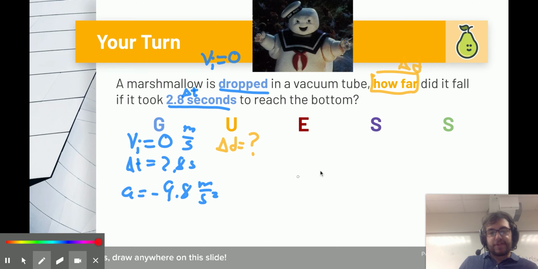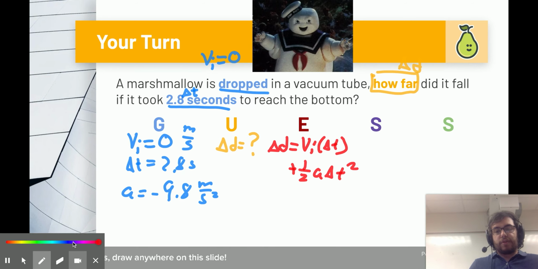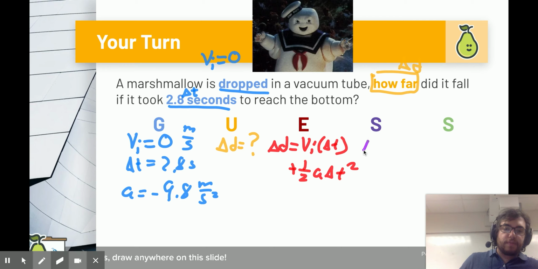All right, my equation that has these four, which is the only one without final velocity in it, plus 1/2 times a times t squared. So all we gotta do is plug things in. My displacement is what we were solving for.